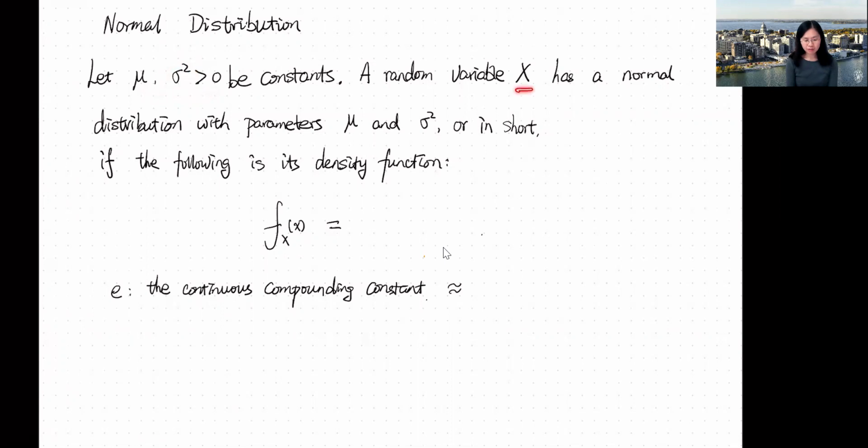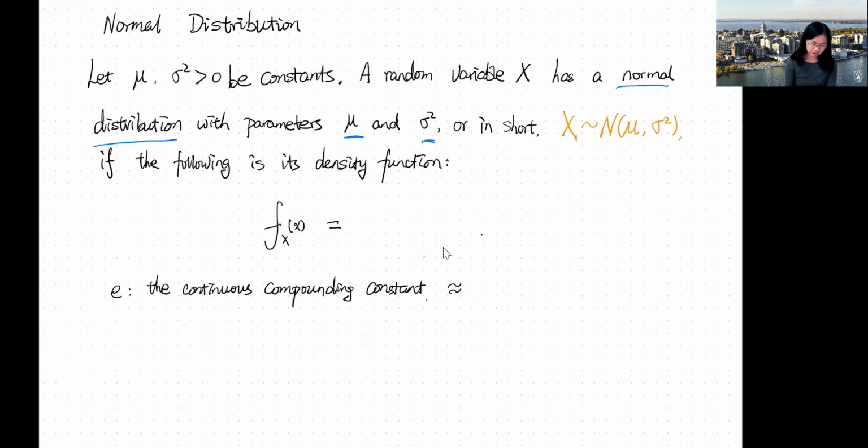A random variable x has a normal distribution with parameters mu and sigma squared, or in short, mathematically we can write x follows the normal distribution with parameters mu and sigma squared, if the following is its density function, if the probability density function of x looks like the following formula.